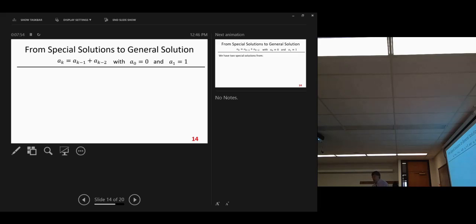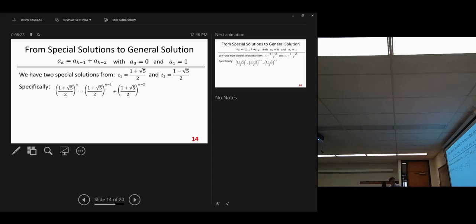Let's see, how should we do it? Remember geometric sequences: this number to the kth power and that number to the kth power. Two geometric sequences both satisfy that recurrence relation.